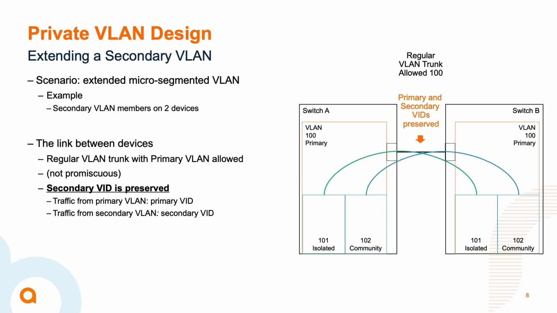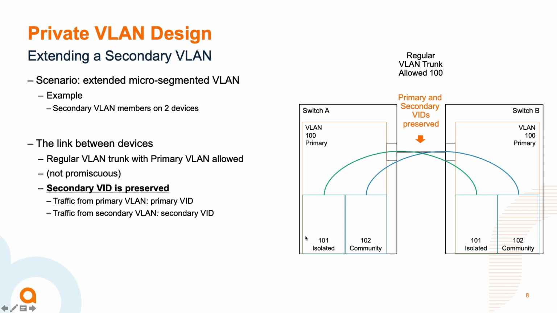There might be a situation in which you want the primary and secondary VLANs to be extended across a link between two switches, and in that case, you will not be defining that link as a promiscuous port. You will just use a normal VLAN trunk. You will allow VLAN 100, but because it's not promiscuous, that VLAN ID replacement is not happening.